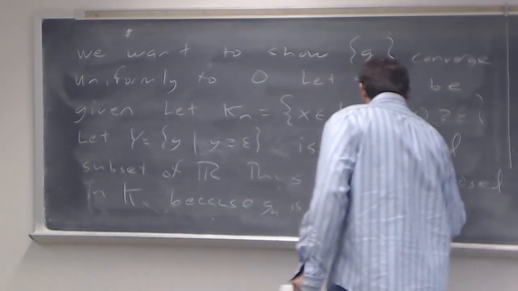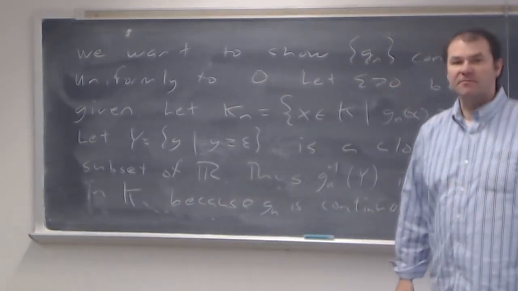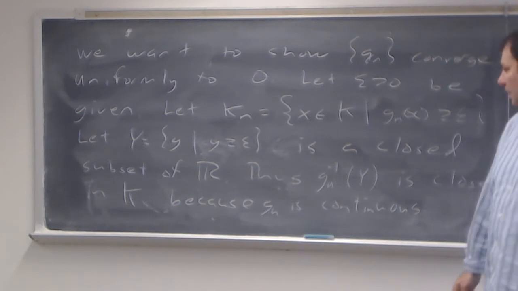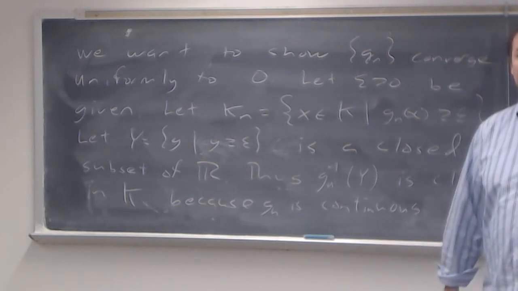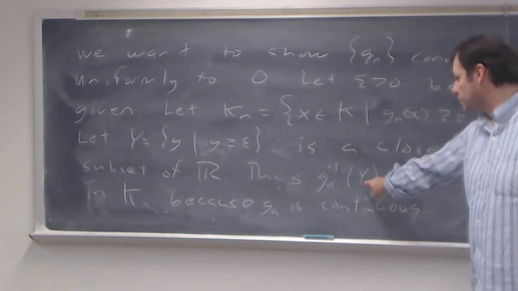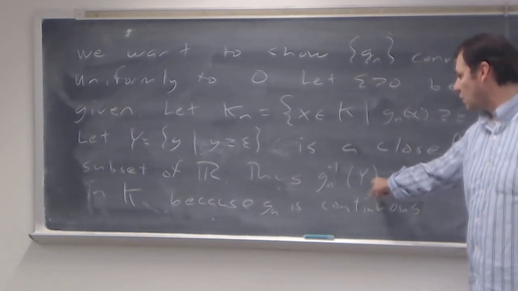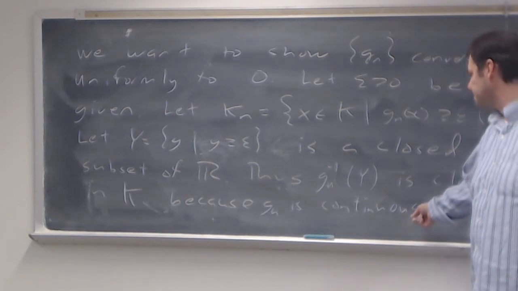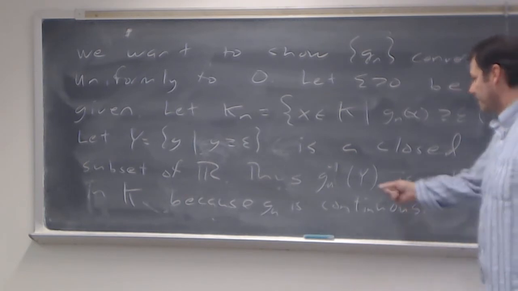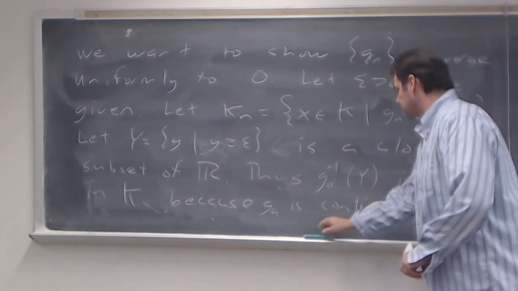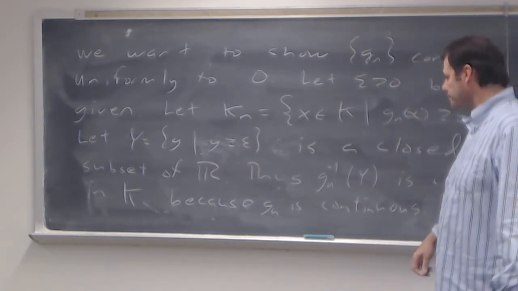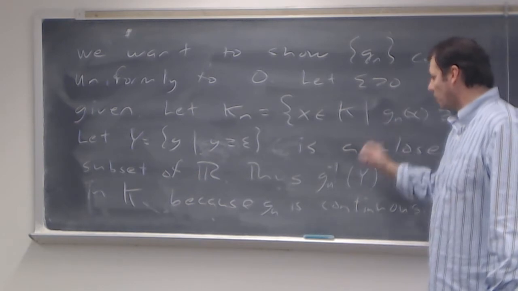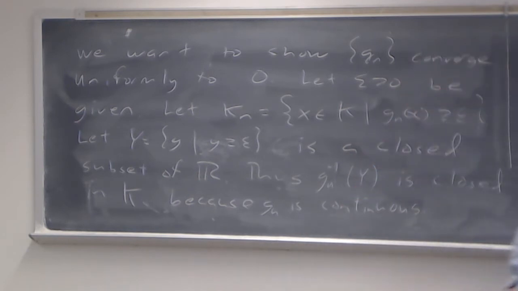That's one of the facts we had about functions on metric spaces. Remember, they're continuous if the inverse images of open sets are open, but it's also true if all inverse images of closed sets are closed. So we get that this inverse image of this closed set is closed. But this is nothing more than K sub n. Let me write that down.